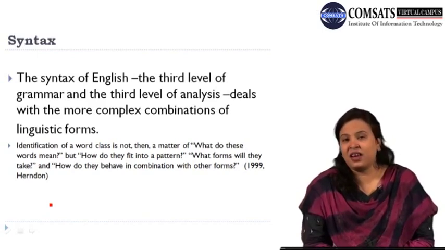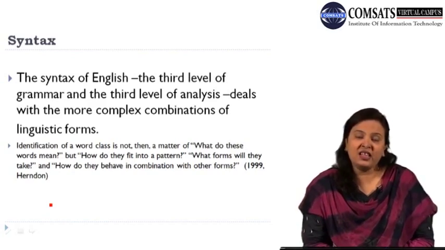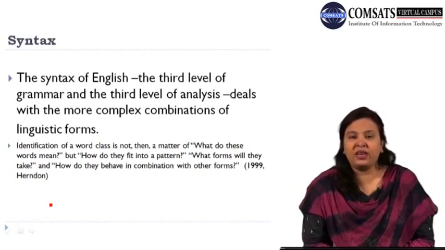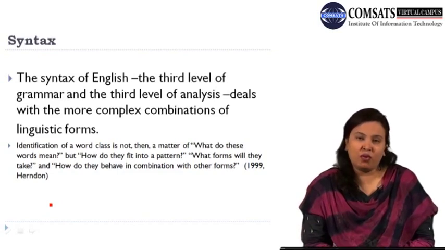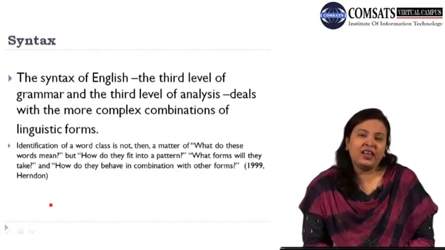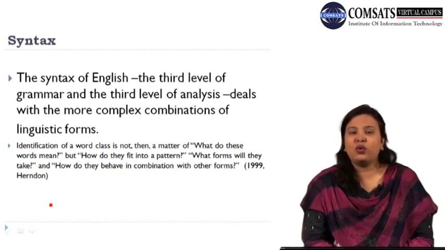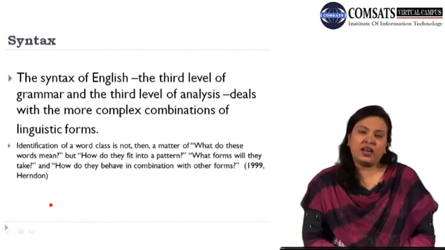So this is the third level of analysis, and grammar here deals with the more complex combination of linguistic forms. As you remember, in phonology we were just looking at the different human speech sounds, and with respect to certain languages we divided them into different categories.